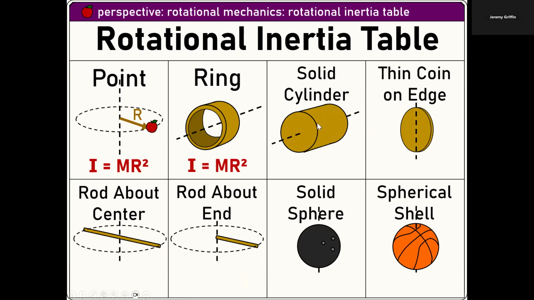Isn't the mass on average distributed closer to the center? So is it more or less than mr squared? It's got to be less. It works out to be a factor of a half. Again, AP would give that to you if they wanted you to solve something with it. I've never seen them ask about this thin coin on the edge, but it's like if you spin a quarter.